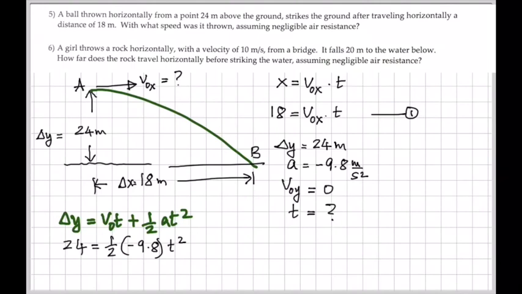Oh, I made a mistake. Correct me. What's delta y? Negative 24. Why negative? It's going down, isn't it? Yep, negative 24. And then you rearrange that, and of course, you get t is equal to the square root of 24 by 4.9. Am I right? Did you get the answer? Close to 5? What do you get? 5.07. Going by significant figures it is 5.1, isn't it? Okay, 5.1 seconds.